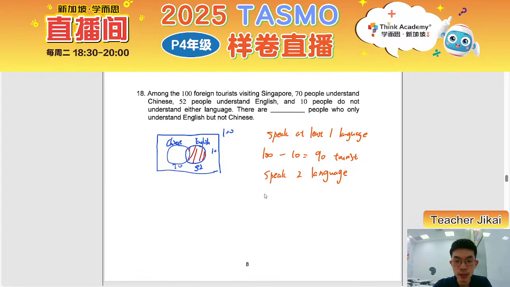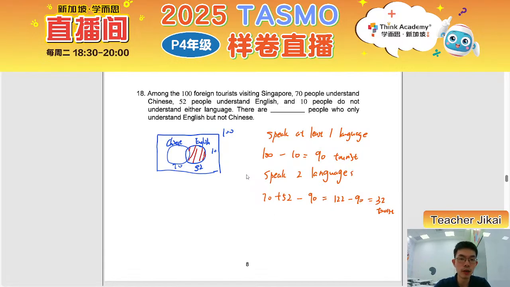So it is 70 plus 52. This is one in the left moon shape, one in the right moon shape, and the middle overlapping part added twice. So we minus everything once, we get the middle one. So it will be 122 minus 90, so we have 32 tourists speaking two languages.